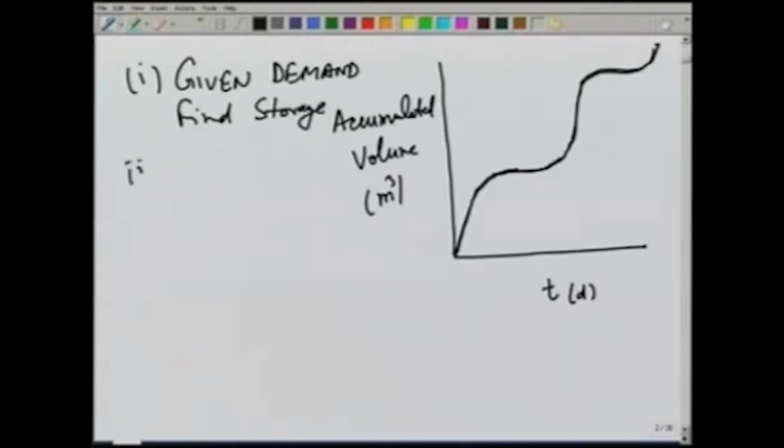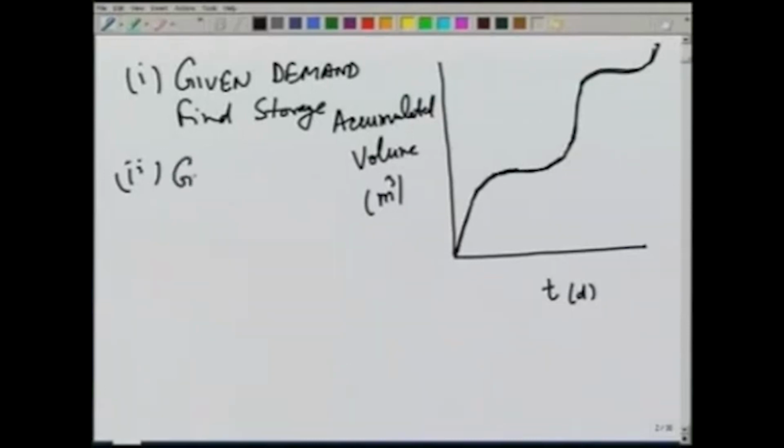And the second problem would be for a particular storage, suppose our storage capacity is limited, then what will be the demand which can be maintained. So, given storage, find maintainable demand.